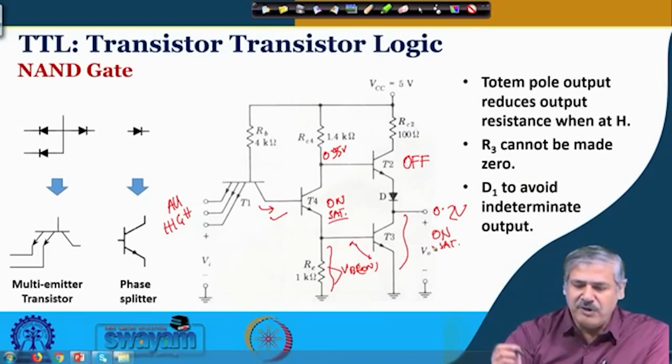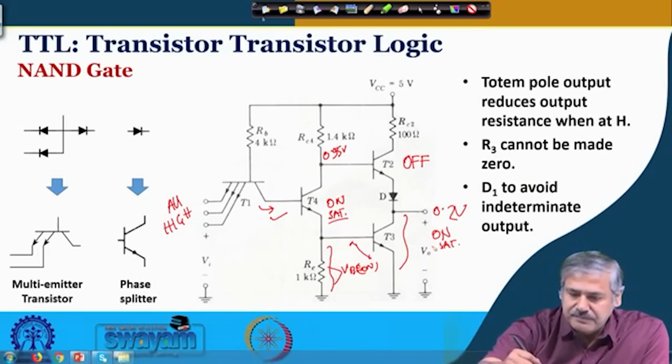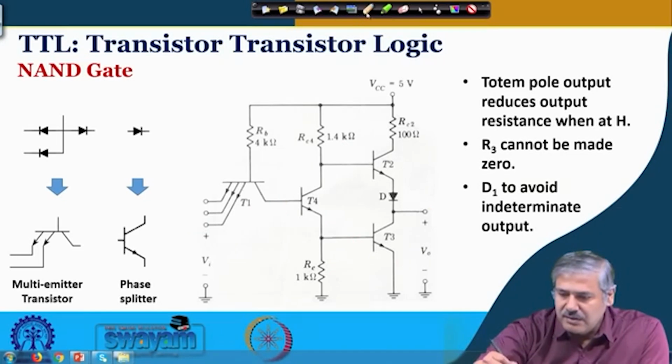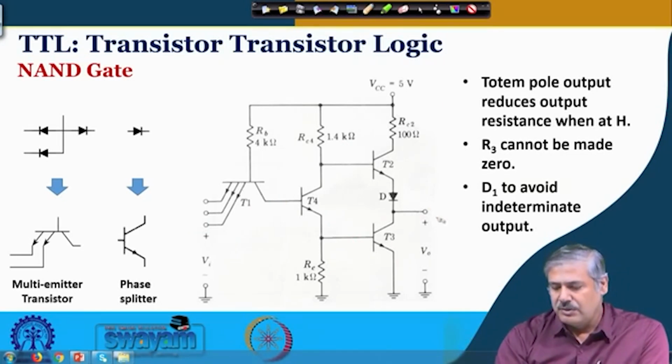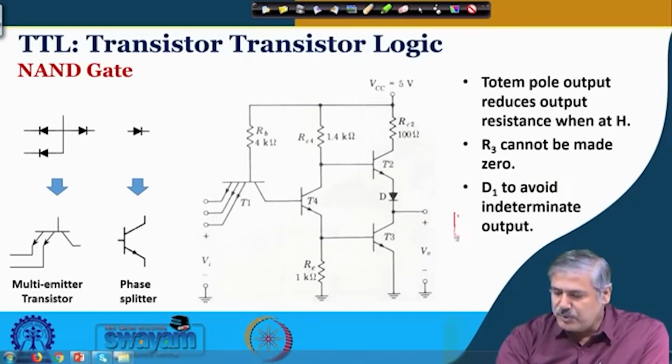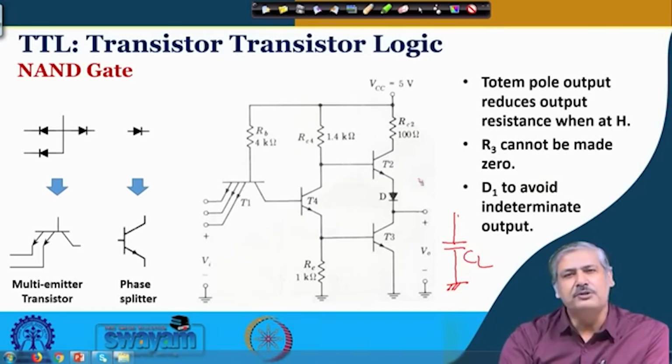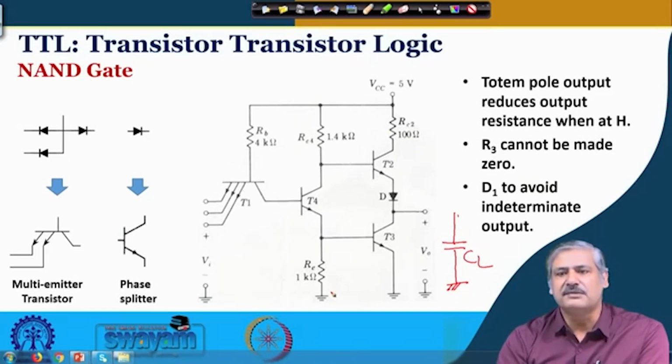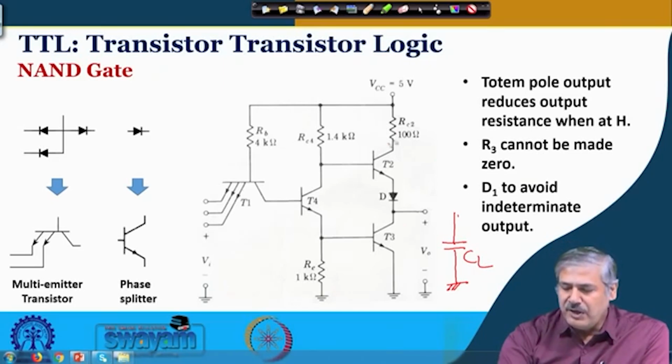Now, one important thing over here, earlier we had seen the charging of the output capacitor was through a passive resistance. Now, because of the presence of this transistor, what is happening?